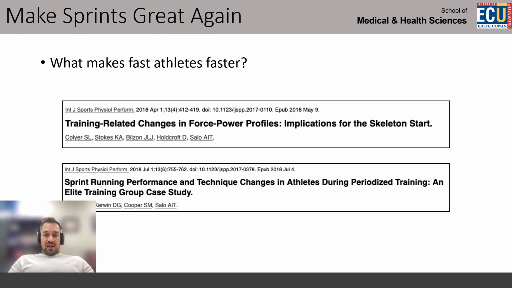It's a relatively easy but extensive read, and what I want you to focus on is assessing the training blocks and the respective training content where they showed increases in sprint performance. Something worthwhile discussing later on in the discussion board. I'm very keen to hear your thoughts on this and where you sit in terms of how you program for your athletes when you want to increase their sprinting performance.